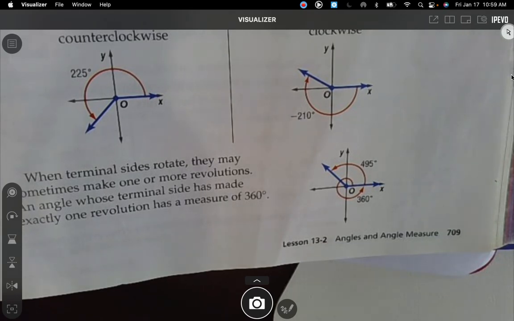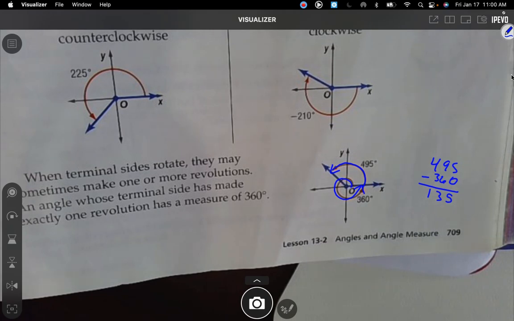495 degrees. Well, I have to go 360, and then I don't know how much more. So in my mind, I would think, what is 495 minus 360? 135. So I need to go 135 degrees. There's my angle. I'm at 495.